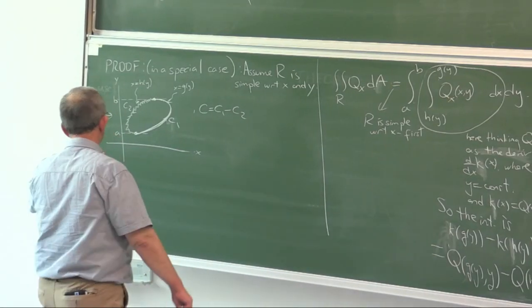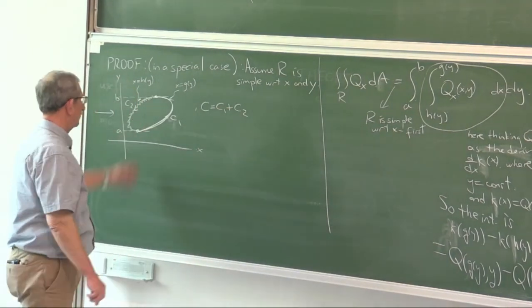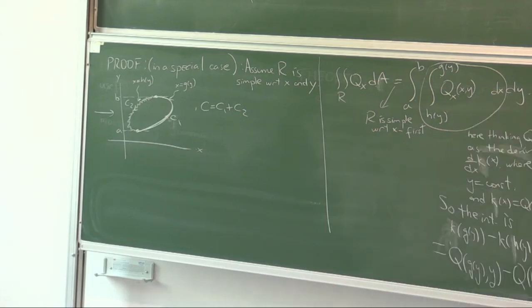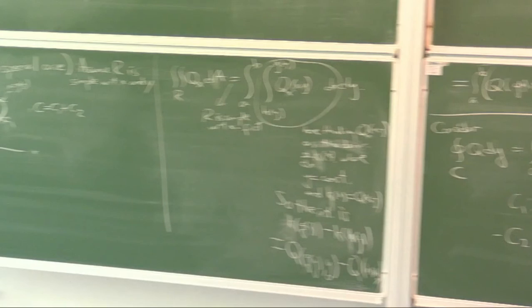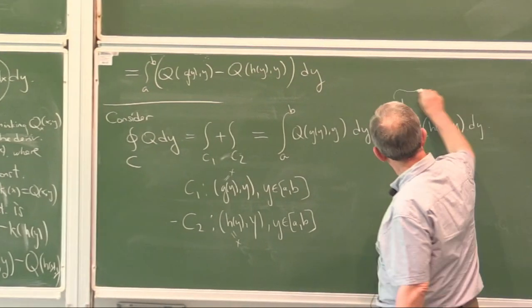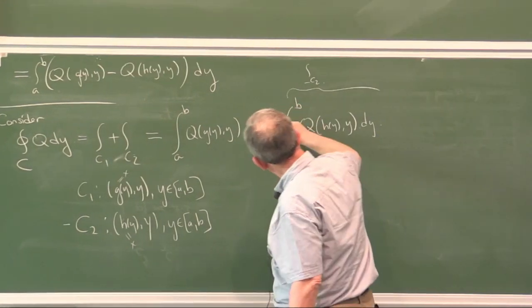Of course, this is wrong, it should be plus. I have the direction correct, so this is the integral over minus C2. So I should have a minus sign.